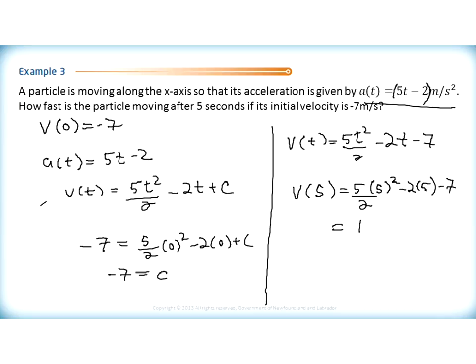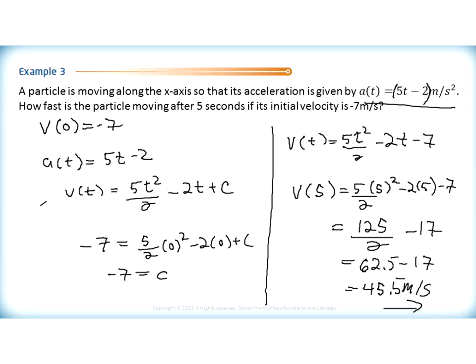So let's see, that's 125 over 2 minus 17. 125 over 2 is 62.5. So 62.5 minus 17 will be 45.5. My arithmetic serves me okay. So 45.5, and that's going to be in meters per second, and we're moving to the right here. They didn't ask, but we told them anyway.